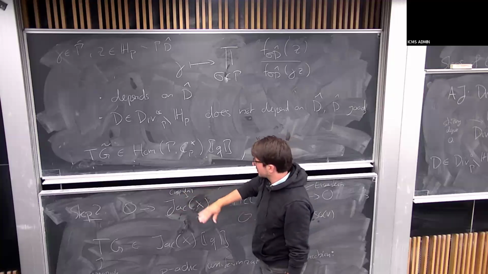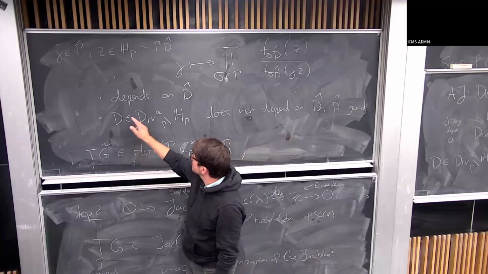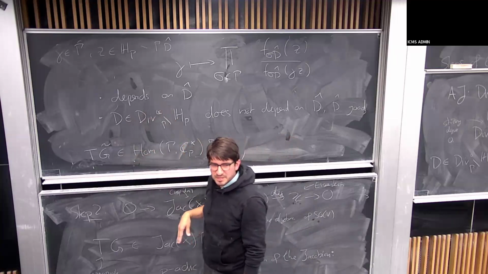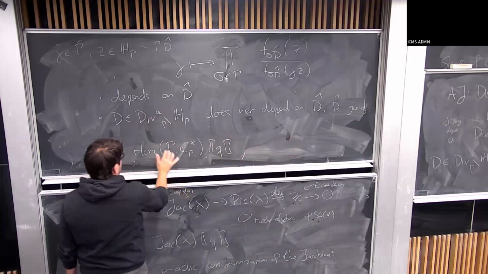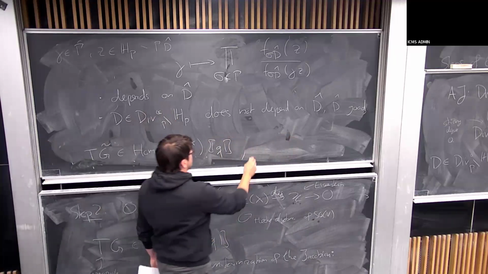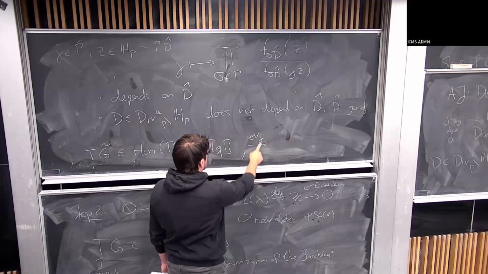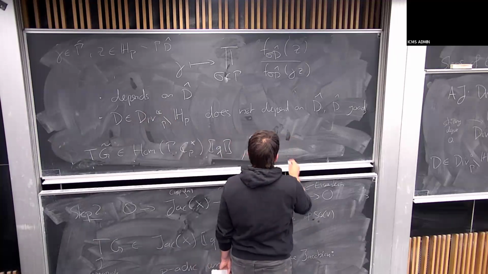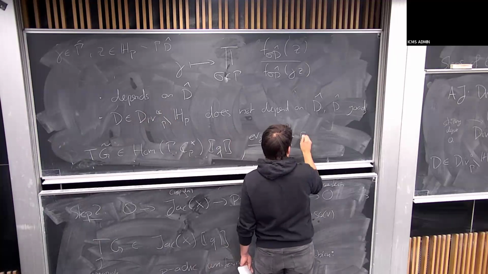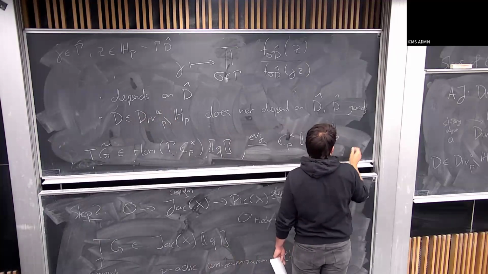So you can hit it with a Hecke operator which is injective on the Jacobian, but kills this additional degree 0 component. You get a lift here. Then you can just evaluate it at gamma, get something in here, and then apply the p-adic logarithm.